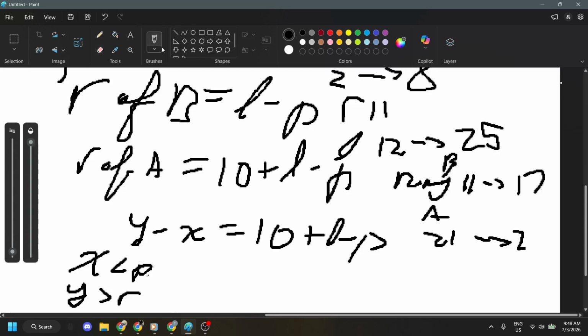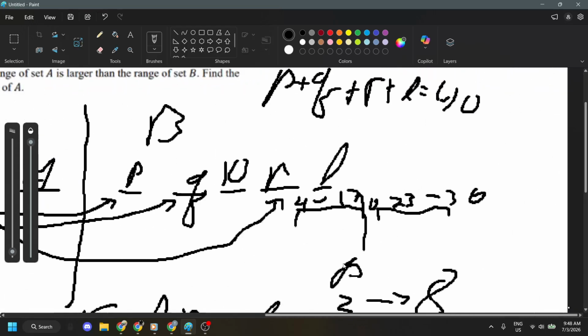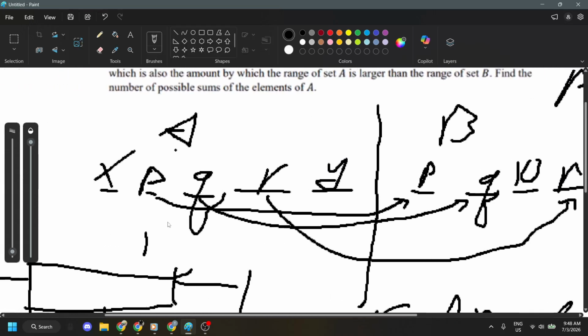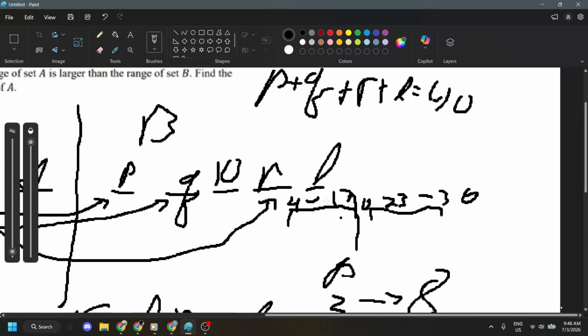Which means the range of A is to 27. I lied again. Can't be 2, 2. It has to be 2, 3, which is 5.